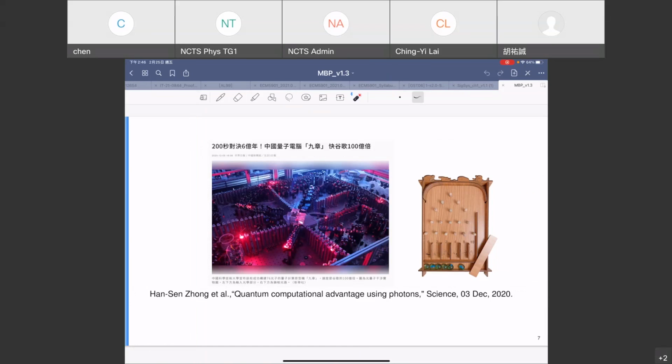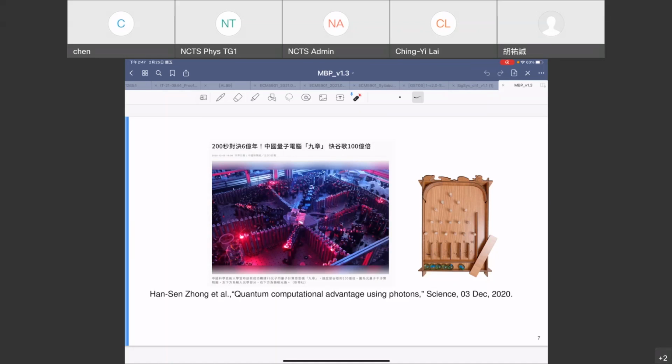So it's very similar to this pinball table. If you have a pin here, when the ball hits the pin, it will go left or go right. If you play this game several times, you will get a Gaussian distribution of the outcomes, right? Similarly, they do this photonics experiment, and they get some kind of distribution.